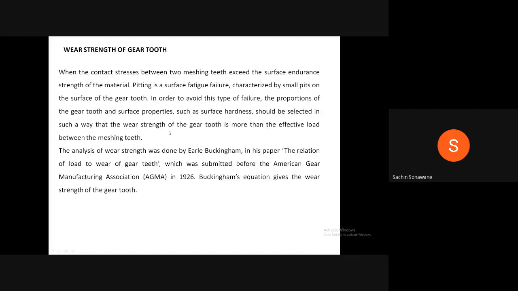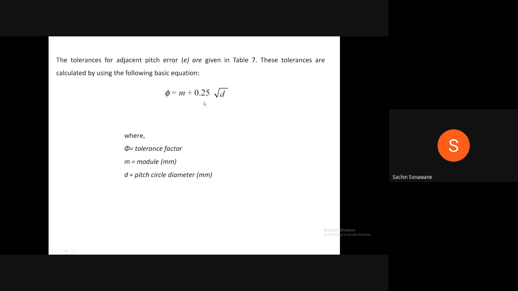Therefore, this is nothing but grades and their manufacturing methods. We will stop here. Those who want to write down can write down these different grades, what is meant by grades of the gears, and different manufacturing methods. And we will stop here.